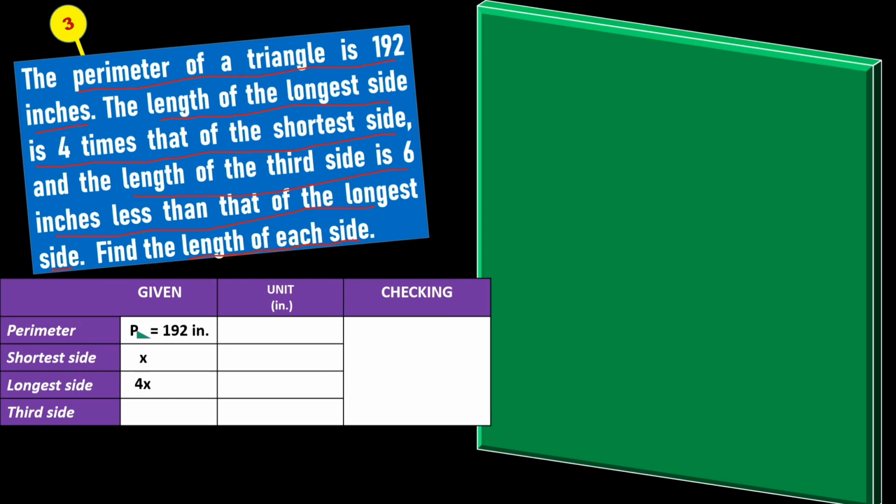So yung third side ay 6 inches less than that of the longest side. Longest side is 4x. So 4x minus 6 is the third side.